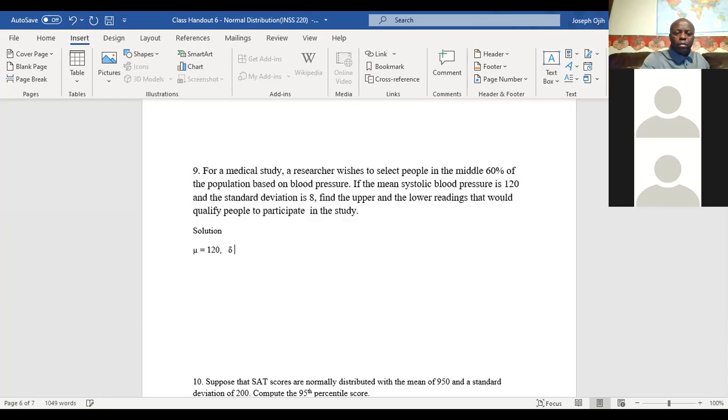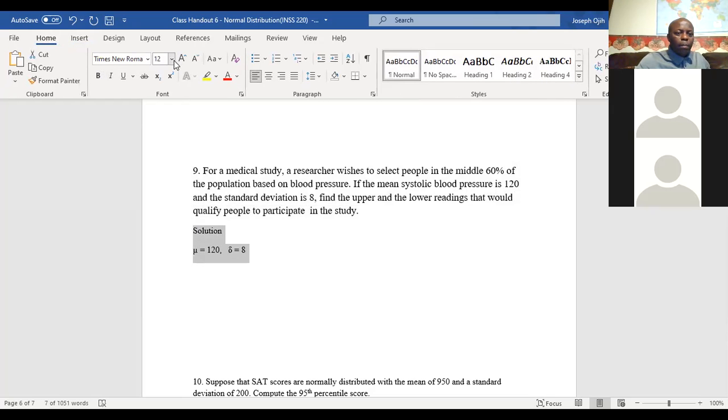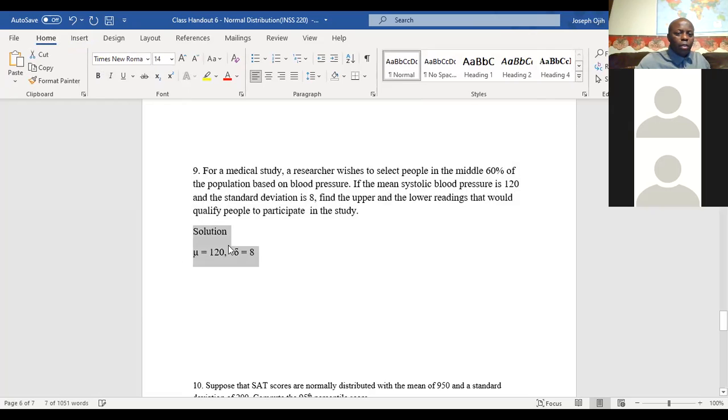Standard deviation is 8. Now they give us the probability again, 60%. So let us see how we can use this to get the lower and upper readings.